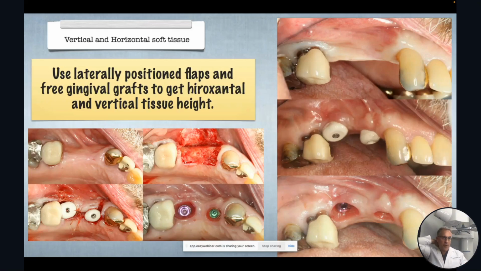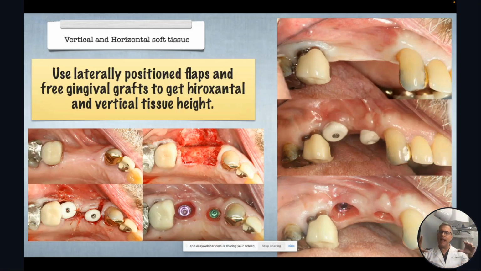And so you can see in this example here, on the image on your lower left, the patient has no attached tissue on the facial, 0. The unattached tissue comes all the way to the crest of the ridge. So I knew I had to lay a flap anyway. So I went ahead and made my incision on the palatal side, put 2 releases, and just rolled that tissue forward like a rug.